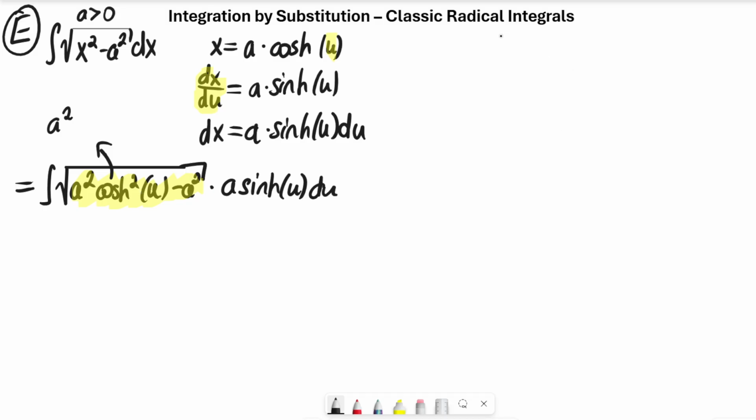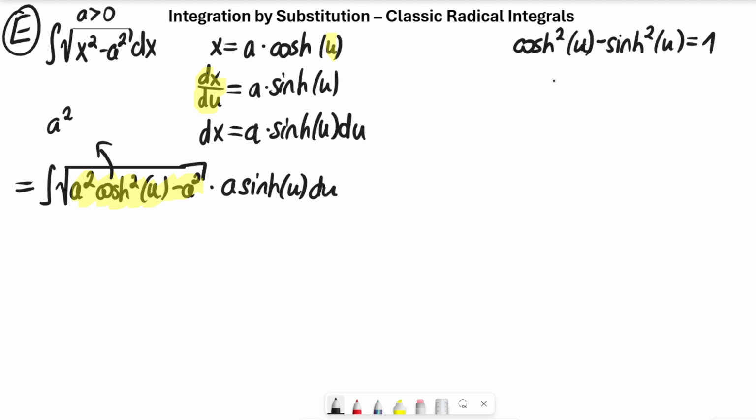So I write here on the right side. If you look up the formula sheet, hyperbolic cosine squared of u minus hyperbolic sine squared of u is equal to 1. Similar to trigonometric identities, but here is a minus in between. So what does it mean?